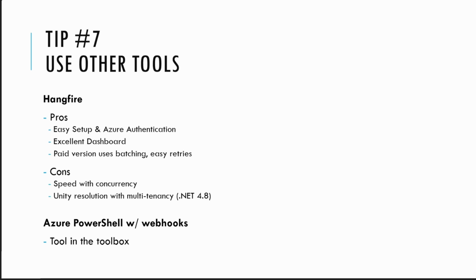We struggled with Hangfire because our infrastructure required multi-tenancy, and when we used that in .NET Framework 4.8, we struggled because of Unity resolution. Now, we've moved most of our stuff to Azure Functions, and we're getting ready to re-implement Hangfire in .NET Standard. So now we're going to have 2 background processes.